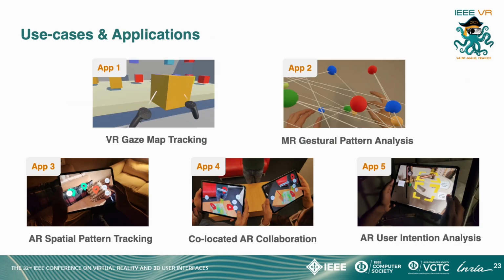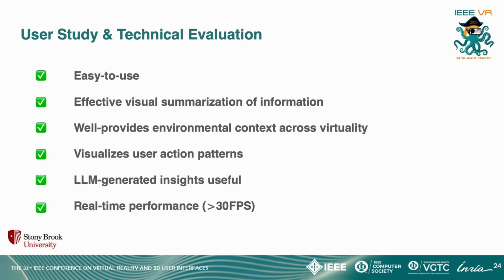We tested our framework on 5 different applications across VR, AR, and MR applications. We also proved the versatility of our framework by testing it on Apple Vision Pro, Meta Quest Pro, and iPads. Our user studies show that Explainable XR is an easy-to-use framework that effectively visualizes the summary of user information.